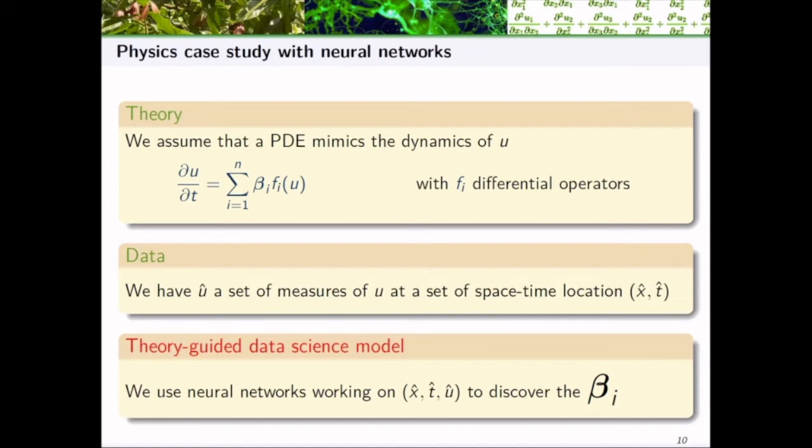One way to combine theory and data is to find the parameters beta i of the PDE given the data. To do so, the neural network seems to be a good alternative. Note that on this slide we are defining Fi, that are derivative terms, and beta i, that are weights on the derivative terms in the equation we would like to discover. We will use the same notation in the next slide.